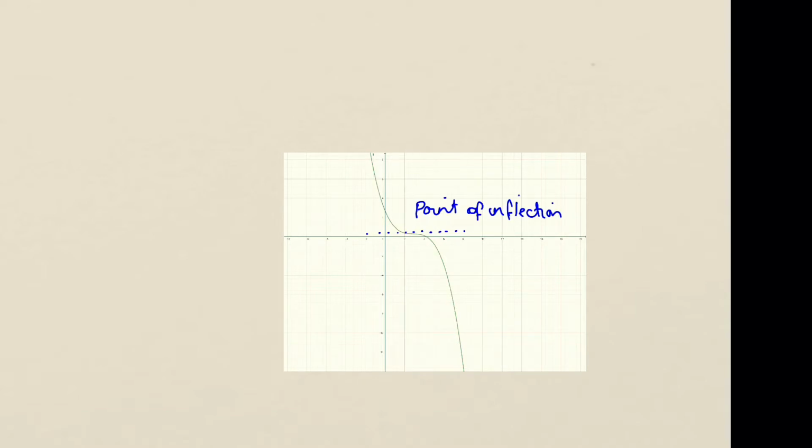You can see that the gradient is 0, but it goes from a negative gradient just before here and then back down to a negative. You can also get points of inflection which do the opposite, having a positive gradient, there's the stationary point, and then back onto a positive gradient. So they're the three types of stationary point.